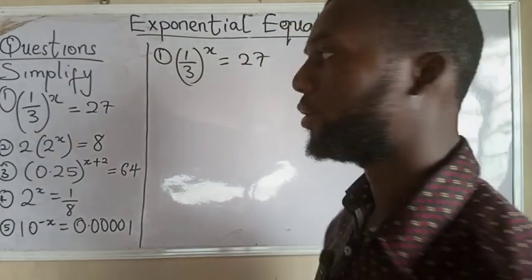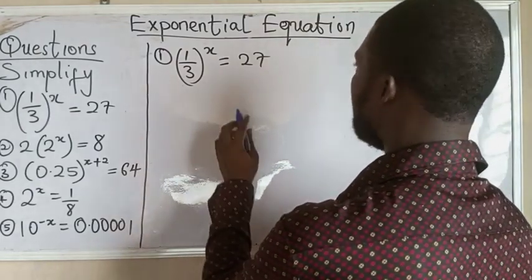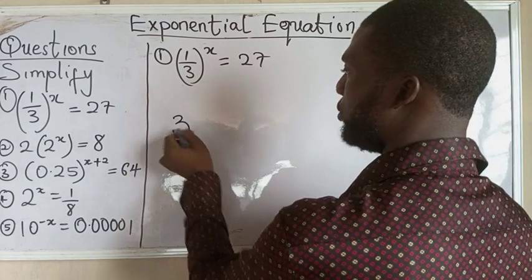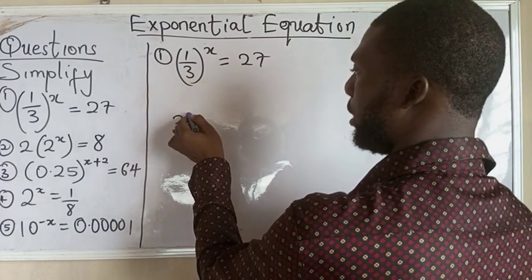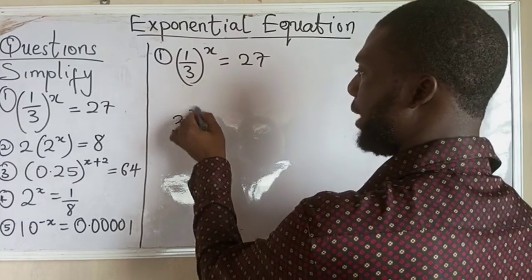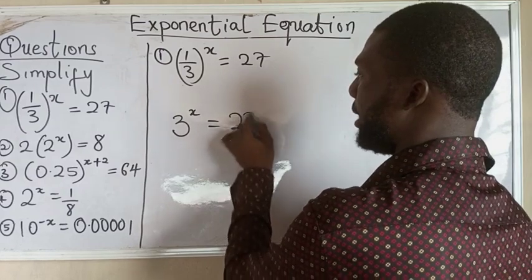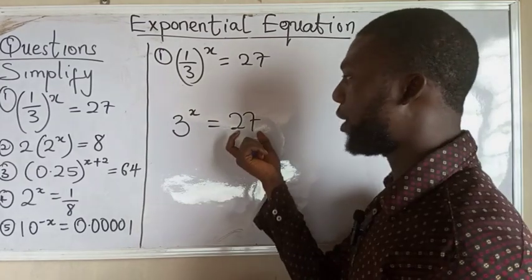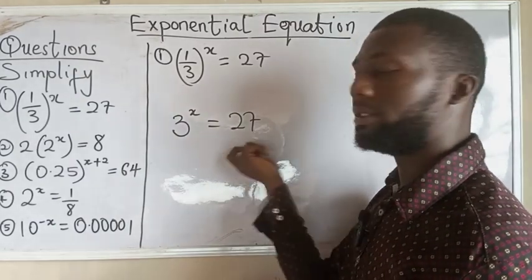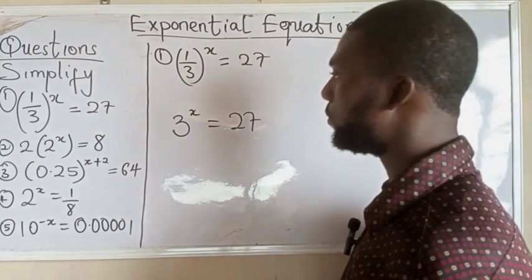When solving questions on exponential equation, the general rule is that the base must have either a positive or a negative unknown, equal to a number which, when you take it to its lowest common base, is going to be the same as the base you have on your left hand side. Let me take this again.